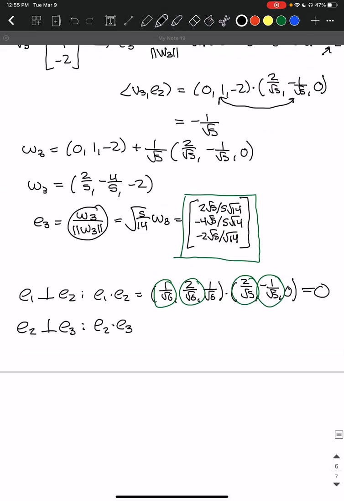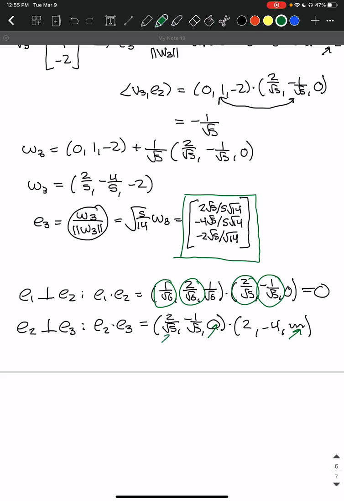If I do that, I get 2 root 5, minus 1 over root 5, and 0. And then I get 2 of something minus 4 of that same something, and something else that I don't really care about. So I have this 0 here, which makes me not care about this last thing.